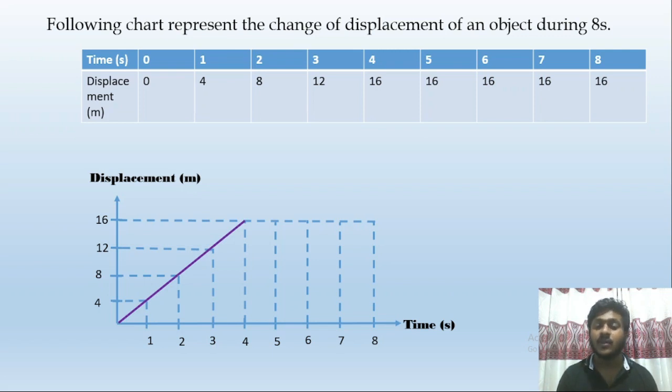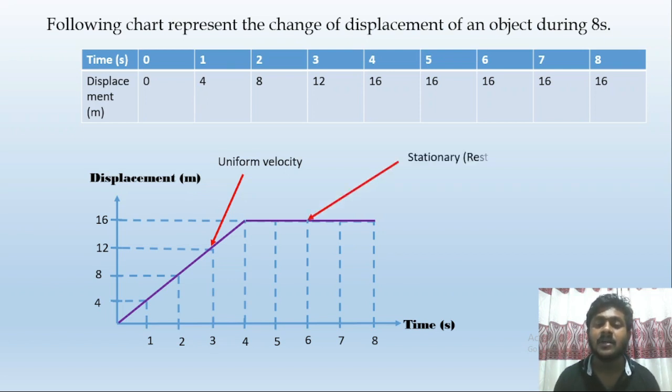And after the 4th second, the displacement is not changed, but the time is passing. In this case, it is uniform velocity, and after the 4th second, it is a line parallel to the x-axis that represents the stationary or resting position.